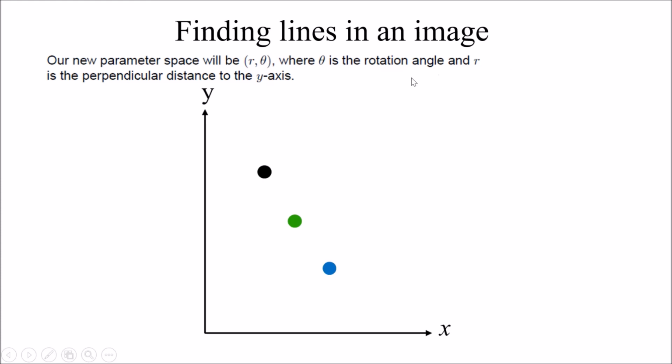So what is r and what is theta? I will show you in the illustration below. We use the same example. In the Cartesian space, we have the three edges, and we want to find the intersection line for this problem by using the Hough space with the polar coordinate conversion.